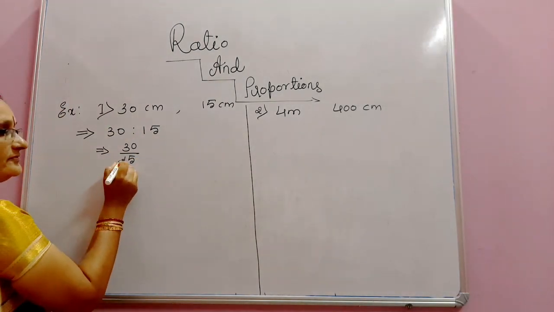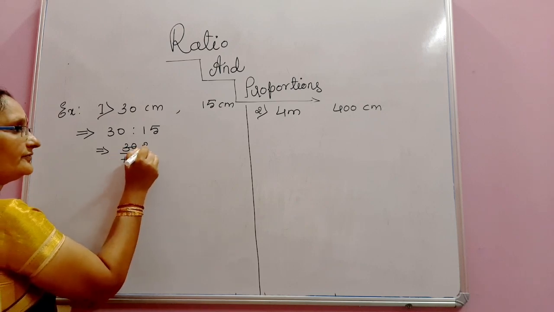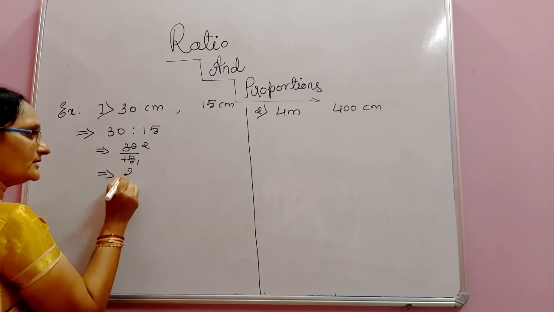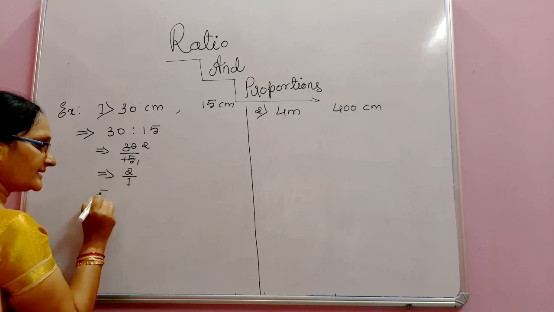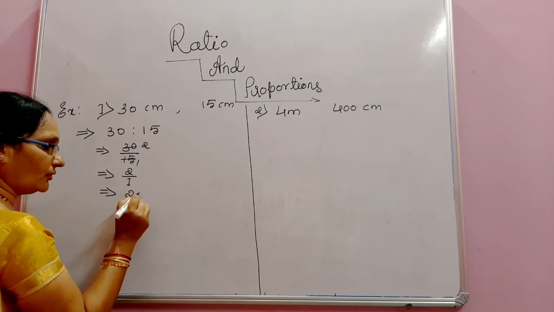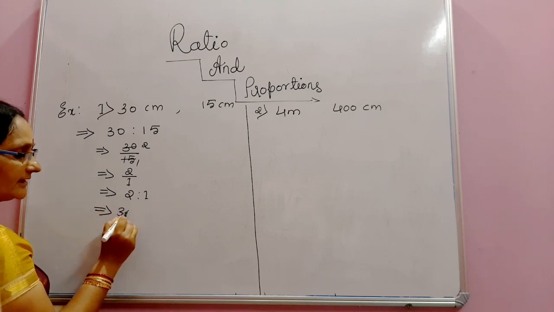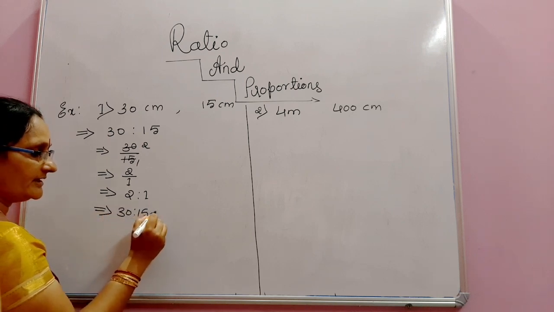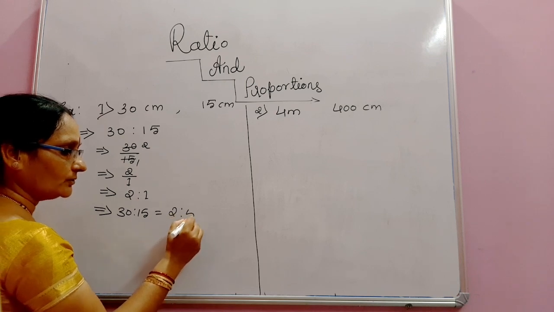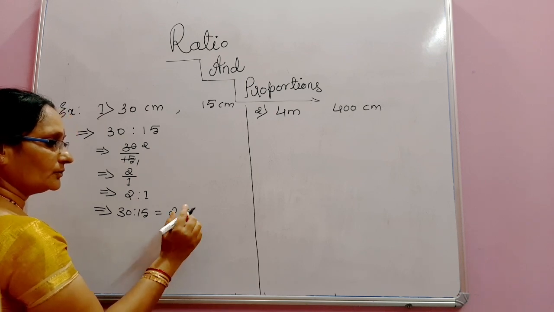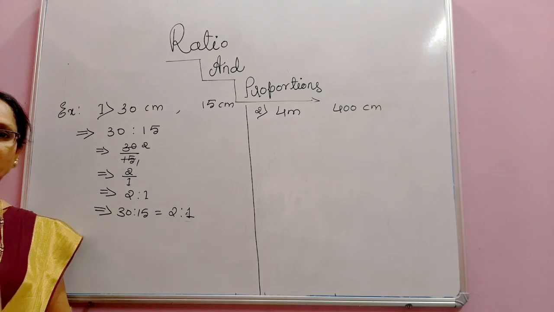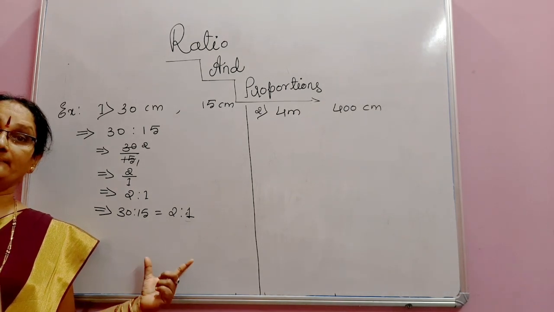Now you can cancel it very easily. 15 ones are 15, 15 twos are 30. This implies 2 by 1. This can be written in the form of ratio 2 is to 1. So 30 is to 15 is equal to 2 is to 1. This is the method of solving a ratio.